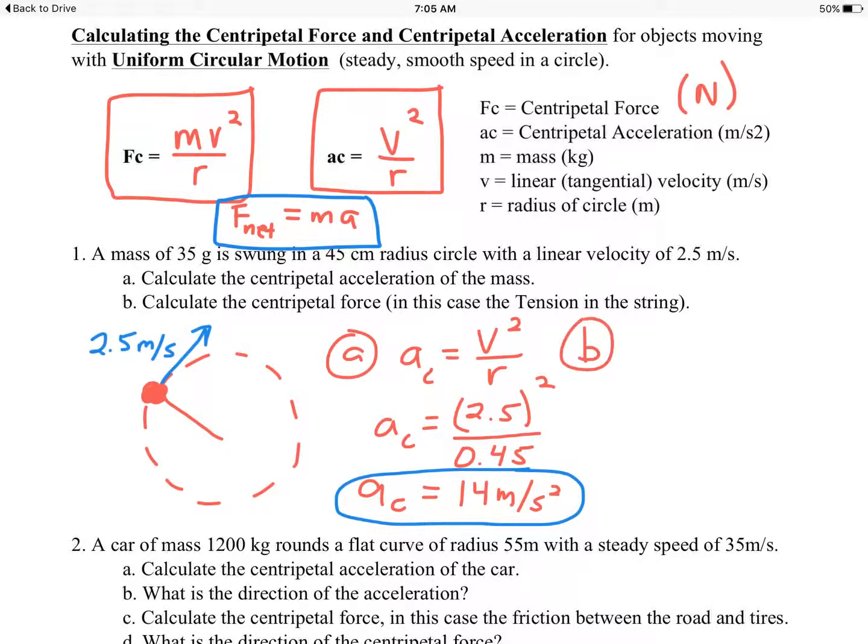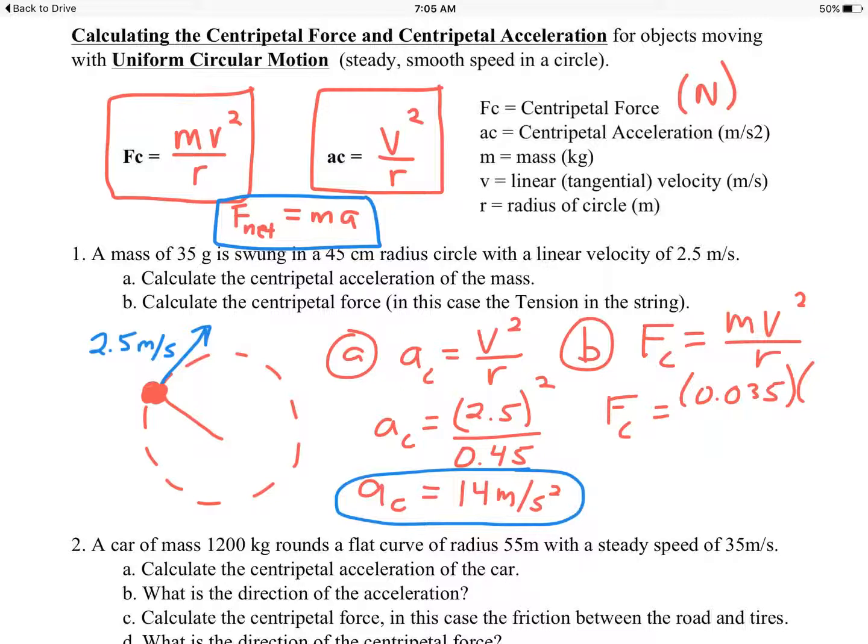Part B, the centripetal force, F sub c, equals mv squared over r. You could take a shortcut and just multiply our previous answer times the mass, but I'll plug everything in here. Watch out for the mass. We want this in kilograms. That's 0.035 kilograms, 35 grams.